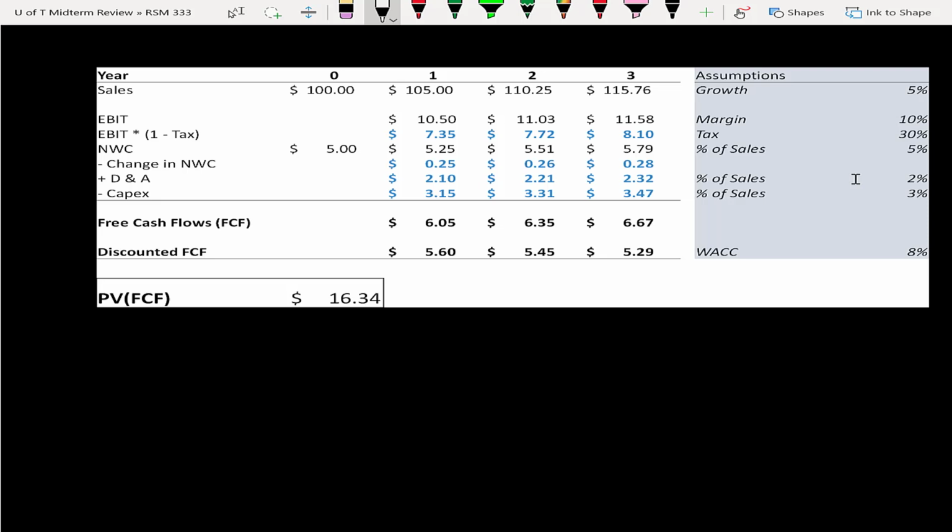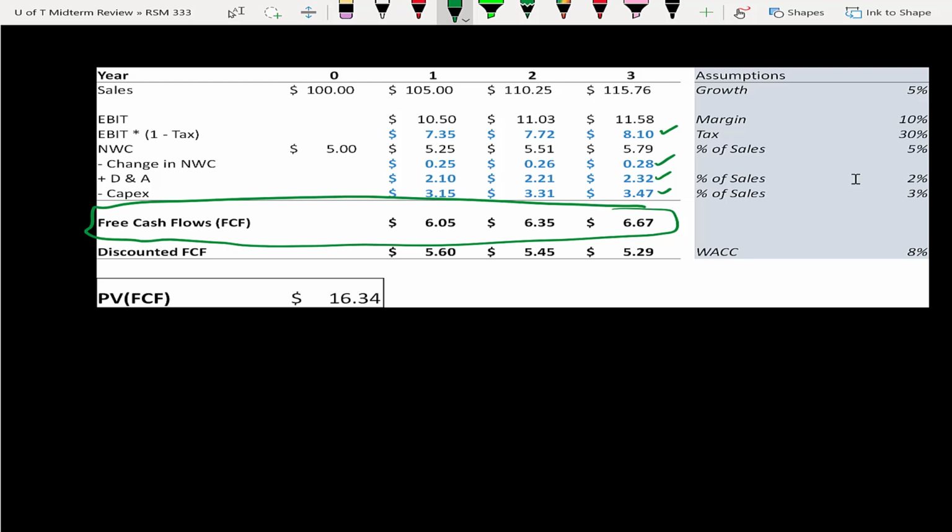So all of these items in blue are the numbers that are used as a basis for calculating the free cash flow. So this gets us our EBIT. And then they've calculated the net working capital. And what we want is the change in working capital, which is this line. And we're going to subtract that out. We're going to add back the depreciation, and we're going to subtract out capital expenditure. And this is the forecast for this company, okay, the free cash flow forecast.